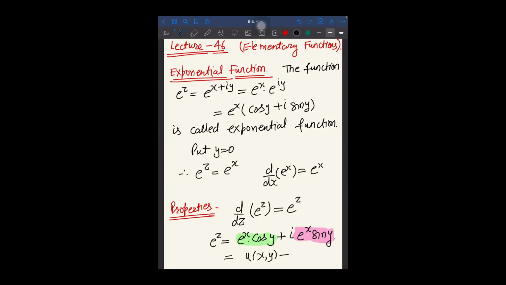So in order to prove that your f(z) is entire, what do you need to prove? Which we have already done by the theorem. That means it should satisfy the CR conditions, and all the partial derivatives should be continuous, right? So if you check it, what do you get?